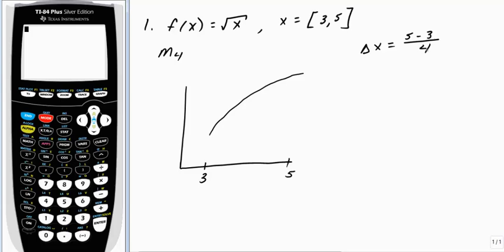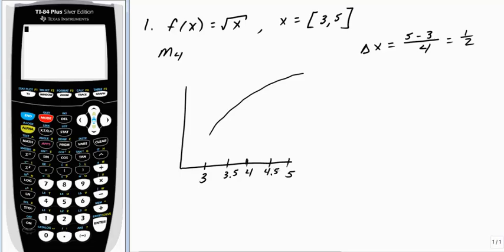Well, you need 4. So we have a width of 2 over 4 subdivisions. Each rectangle is going to have a width of 1/2. So I'll say, well, I need to split this up into 4 regions. That's 2 regions right there. And I'll say 3.5, and here's 4.5.